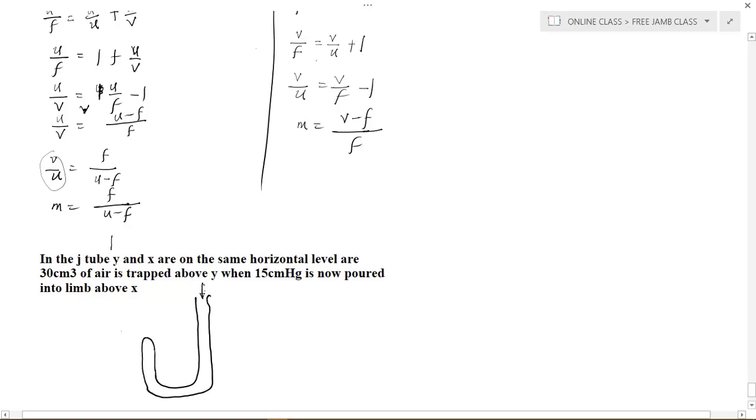Atmospheric pressure is acting downward. Now they said in the J-tube, Y and X are on the same horizontal level. We don't know where Y is, or X, maybe this side or this side.